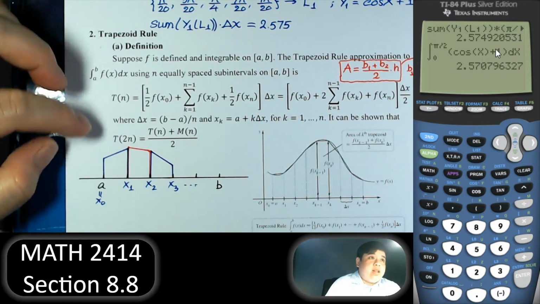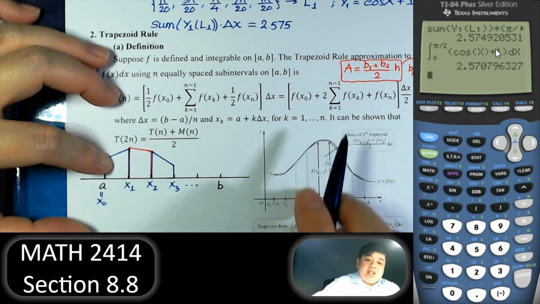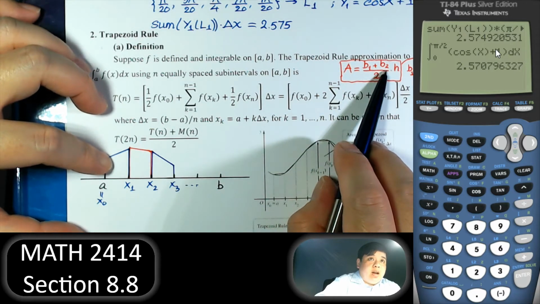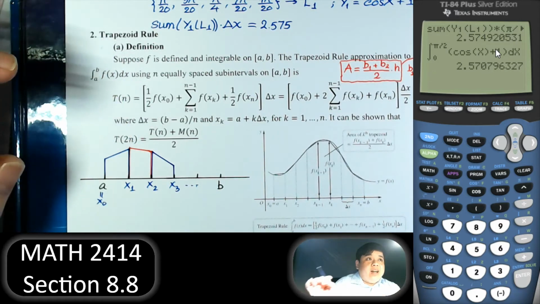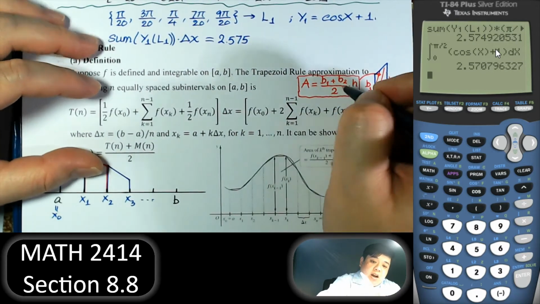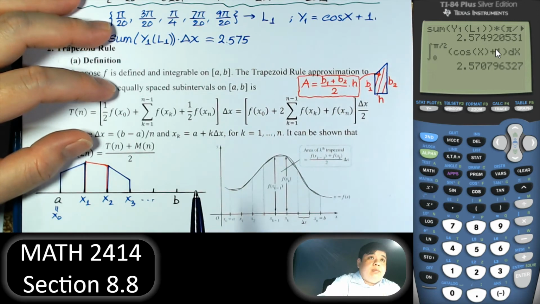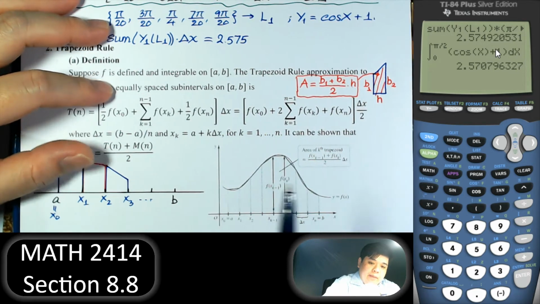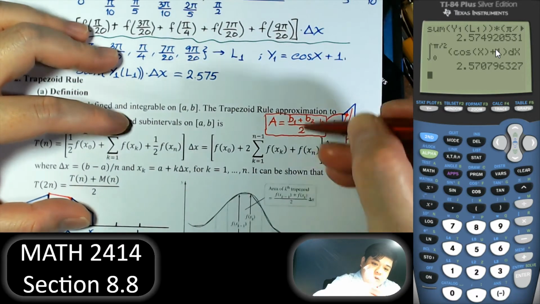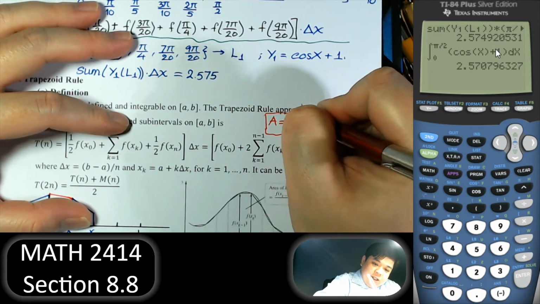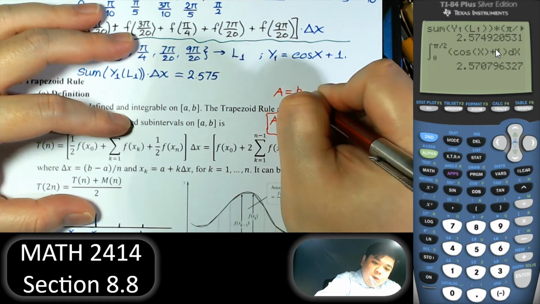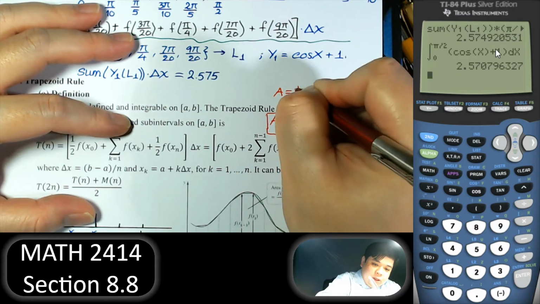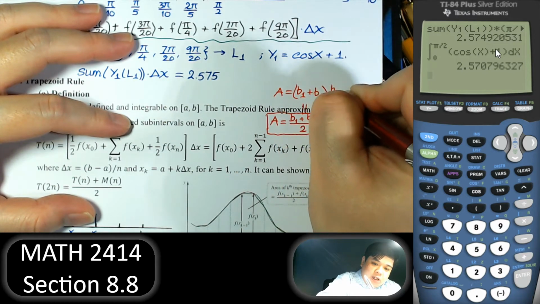So what we see here is, if we want the area, instead of writing like that, because all of the trapezoids have the same height, I will factor the height toward the end. In this case, the height is also delta x. So instead of writing this form, I'm going to write in this form: area is equal to B1 plus B2 times the height divided by 2.